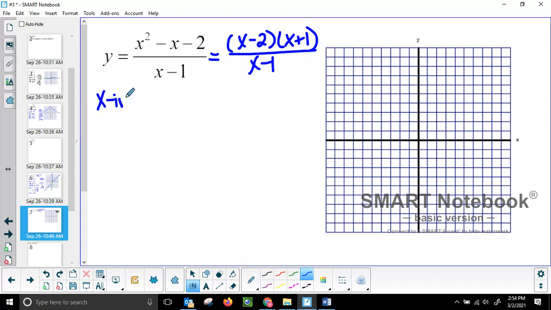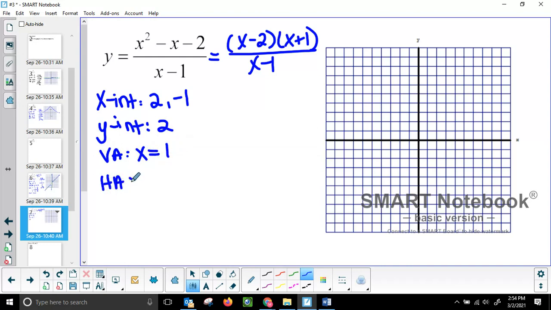So x-intercepts we have at 2 and -1. Y-intercept we have at 2. Vertical asymptote we have x equals 1. Horizontal asymptote, again, we don't. We will have a slant asymptote.